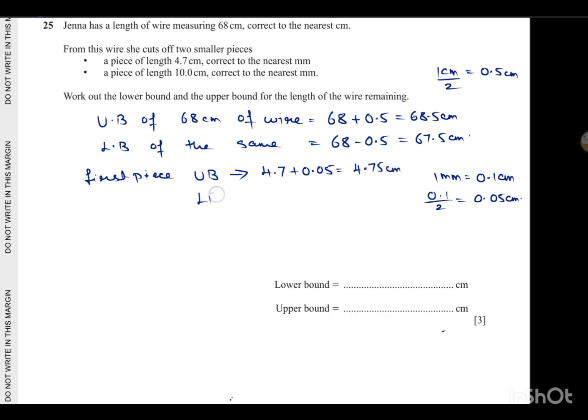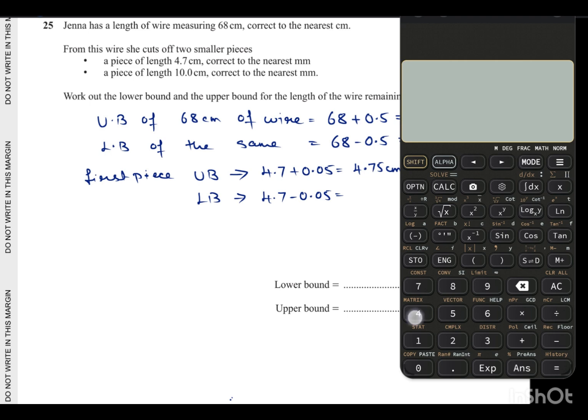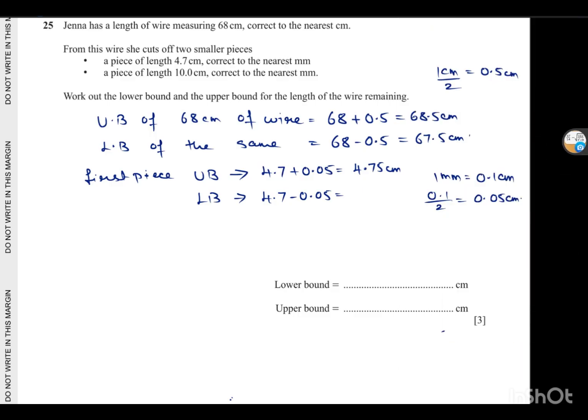And the lower bound will be 4.7 minus 0.05. Use the calculator if you are getting confused here. 4.7 minus 0.05 is 4.65. 4.65 is the lower bound and 4.75 is the upper bound.